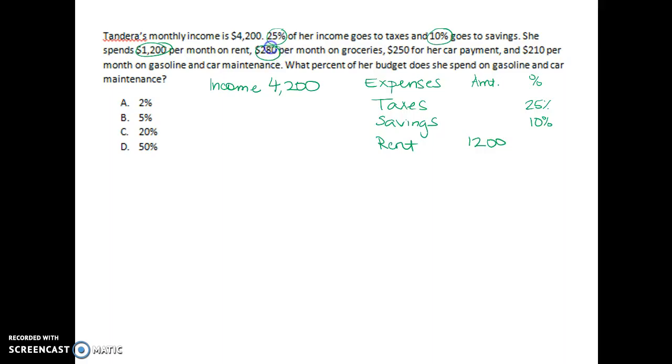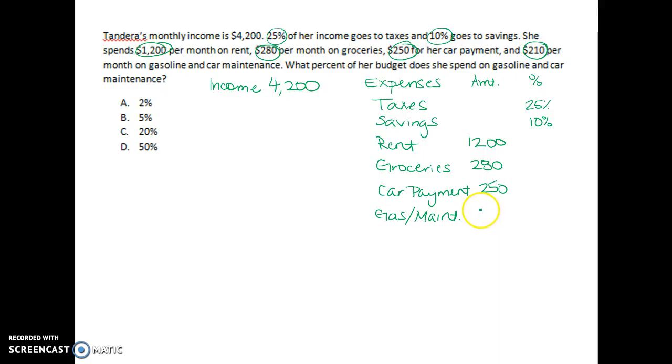She spends $280 per month on groceries. So groceries, $280. $250 for her car payment. And $210 per month on gasoline and maintenance. So gas, and I'm just going to put maintenance like that.